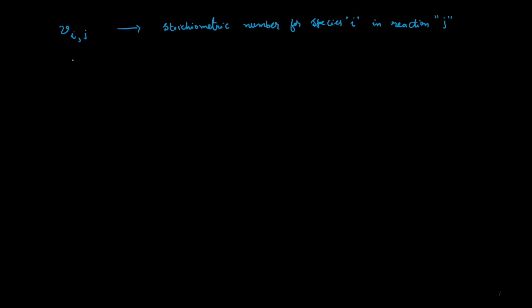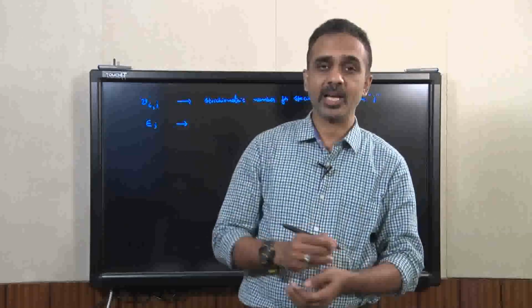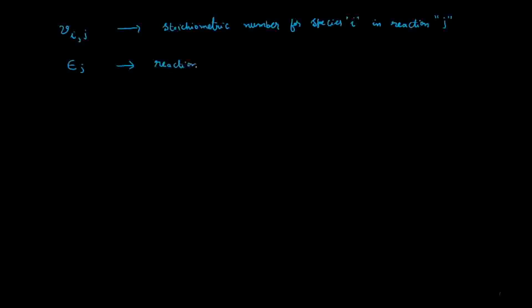And similarly, we also have a reaction coordinate, which might be different for each of the reactions. So we'll denote it by a subscript j. Epsilon j stands for the reaction coordinate for reaction j.